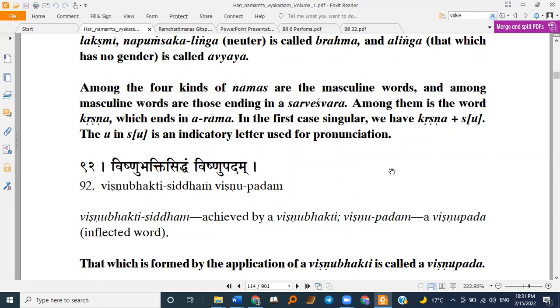So the first subsection we are going to start is Sarveshwaranta Purushottam Linga Shabdaha, which means words ending with a Sarveshwara in masculine gender. For example, Rama, Hari, Vishnu, Pitri, Ityadi.